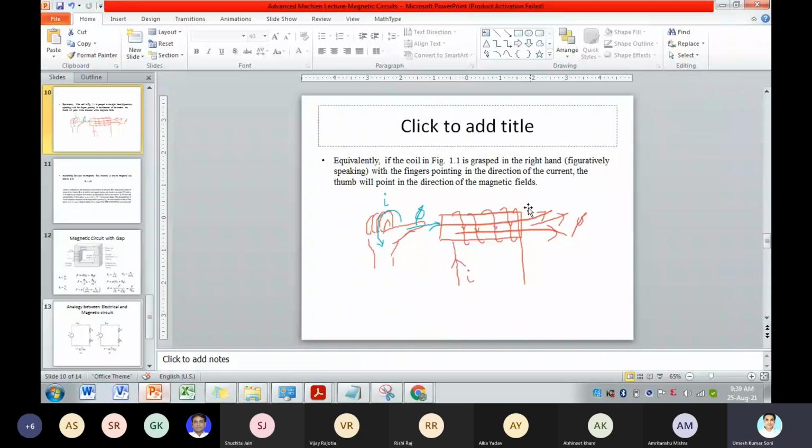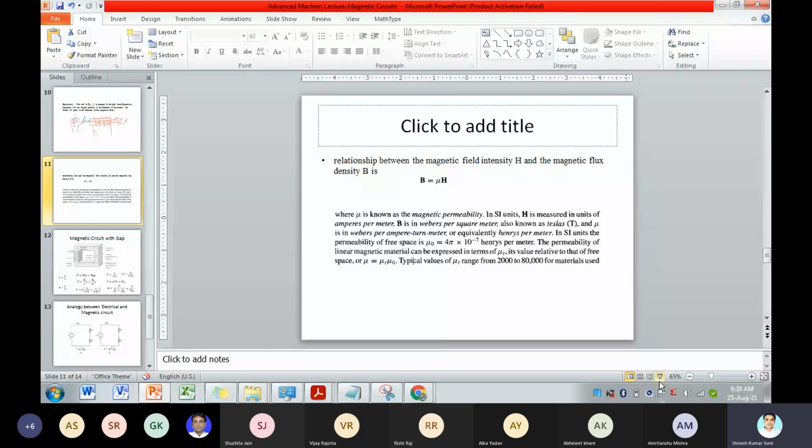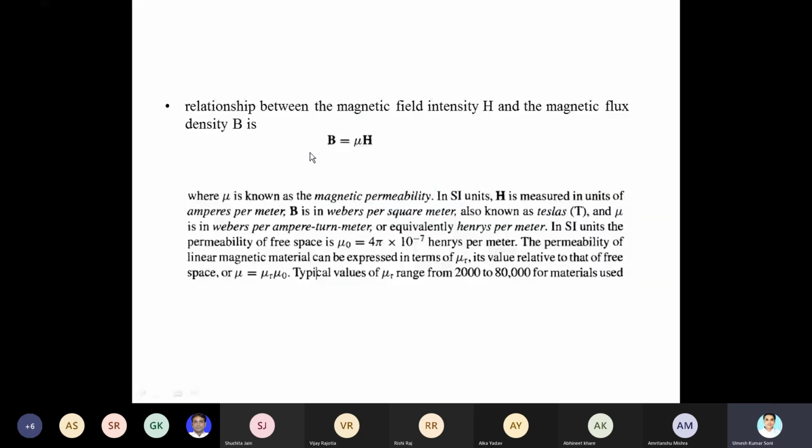Now you come to this point, the relation of magnetic field intensity: B is directly proportional to H. So the flux density set up in a magnetic circuit is related to the magnetic field intensity we are setting up by the external current.